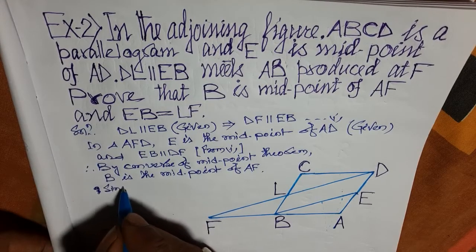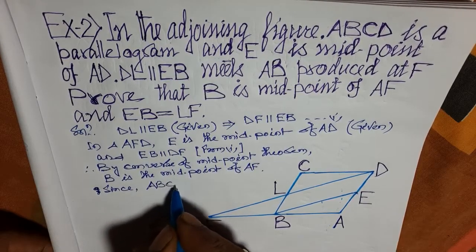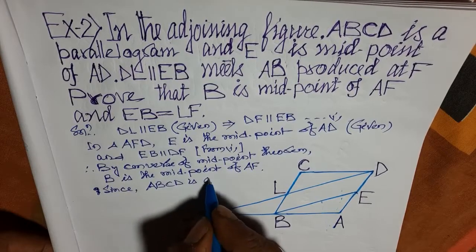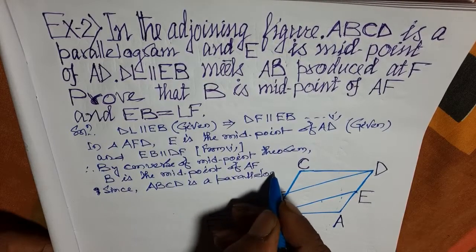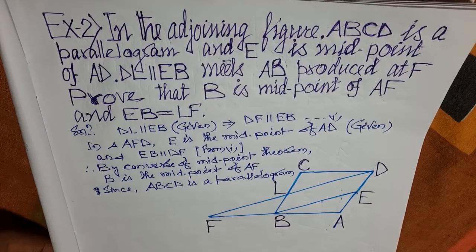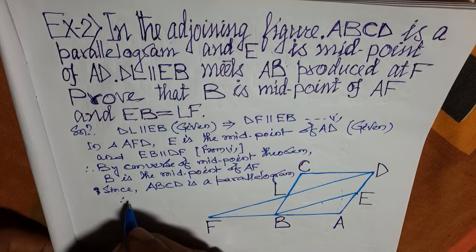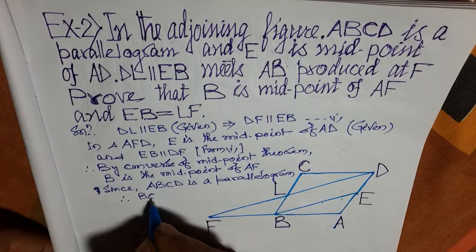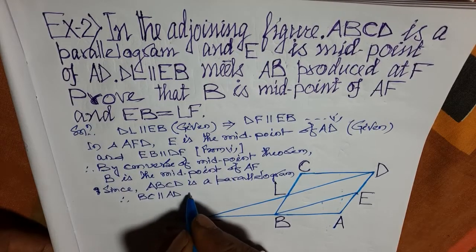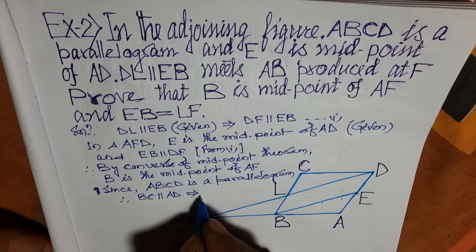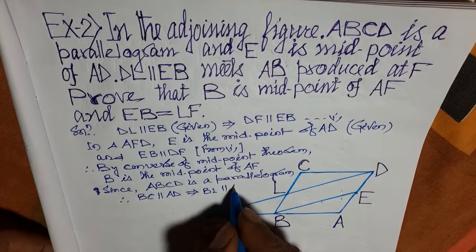Since ABCD is a parallelogram, therefore BC is parallel to AD, implies BL is parallel to AD.